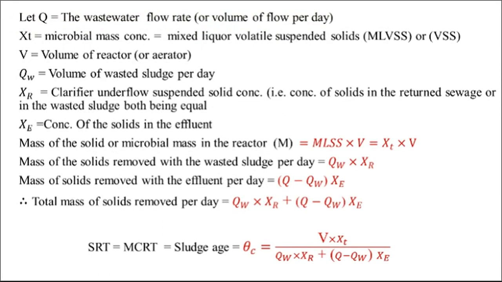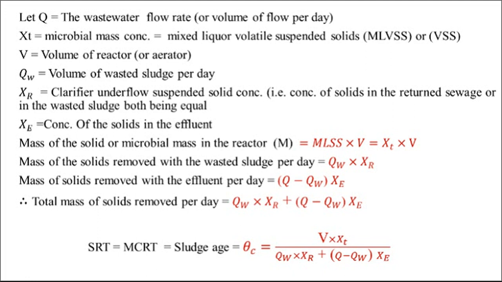Then next, the meaning of these parameters: Q is the wastewater flow rate, or we can say the quantity of flow per day. XT is the microbial mass concentration, also called mixed liquor volatile suspended solids, that is MLVSS, or only VSS, volatile suspended solids. Next, capital V is the volume of the reactor or aeration tank.